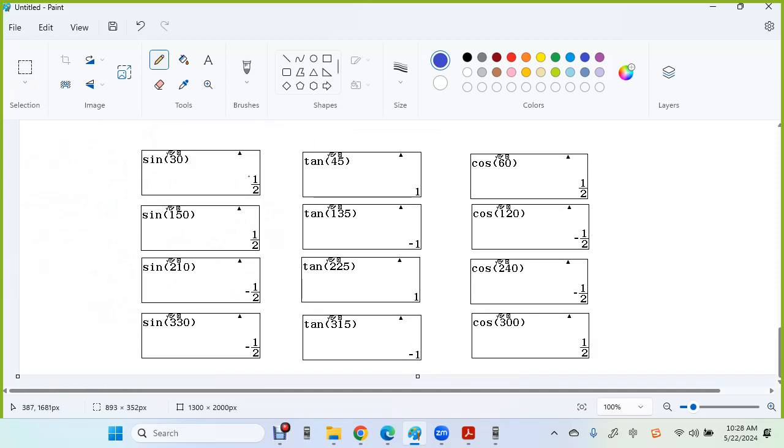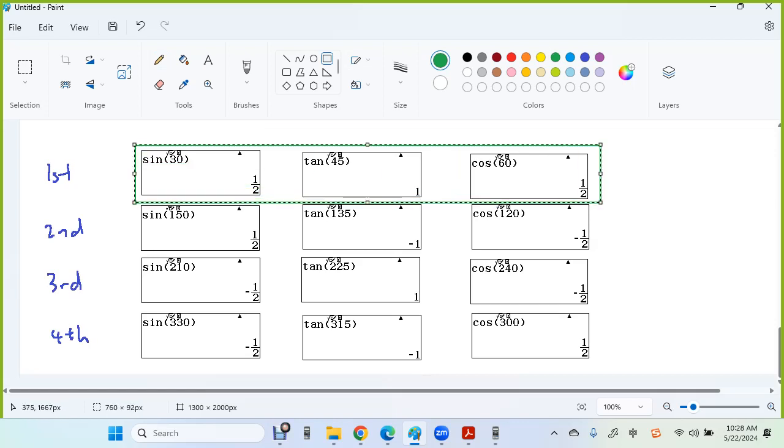So over here, this is the value that we get from the calculation just now. So this is the first quadrant, second quadrant, third quadrant, and the fourth quadrant. From the first quadrant, we can see that sine, tangent, and cos are all positive. And then for the second quadrant, only sine is positive.